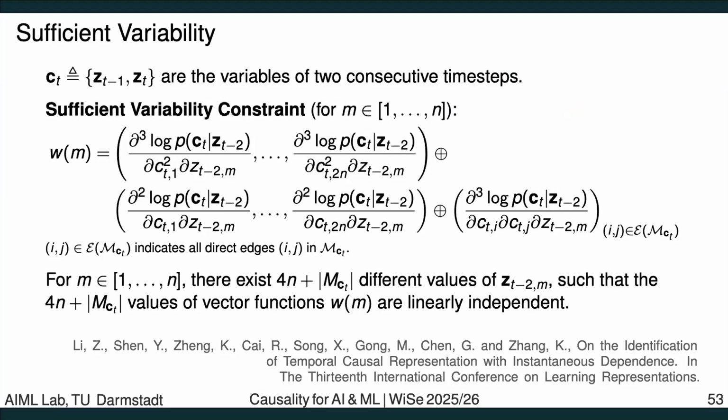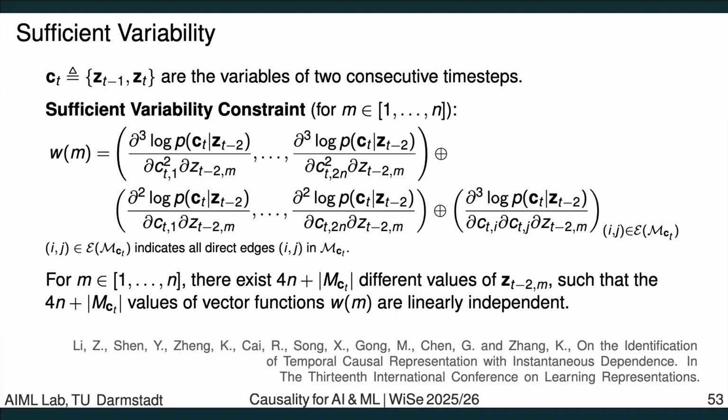We won't consider what these variables mean in detail. Basically, this is the sufficient variability constraint from the paper. What you can see is that it really leverages some sort of gradients.